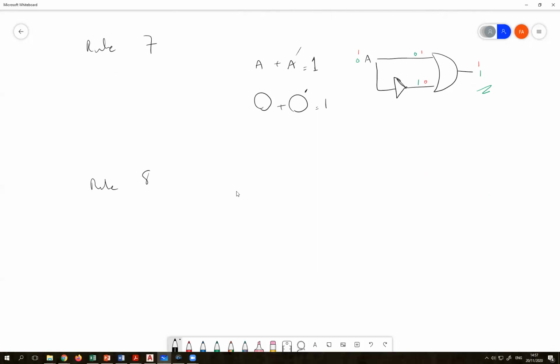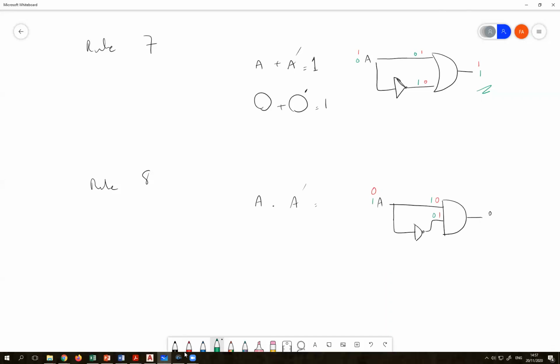Rule 8. Now let's talk about the AND gate: A and not A. So we've got an AND gate. One input is A. We've got to invert the other one. So same story. If we've got 0, here I have 0, here I've got to invert it. What we get is 0. With an AND gate, when one of them is 0, you get 0. If this is 1, here will be 0.